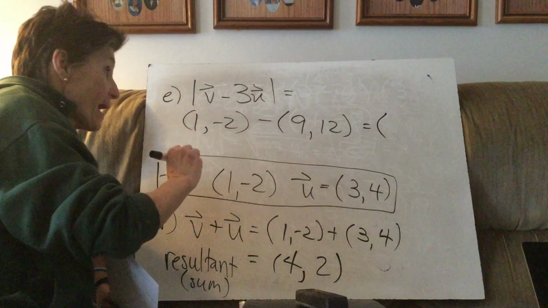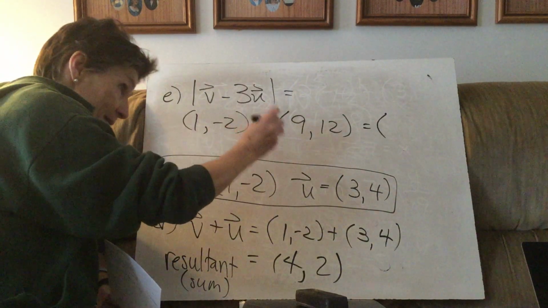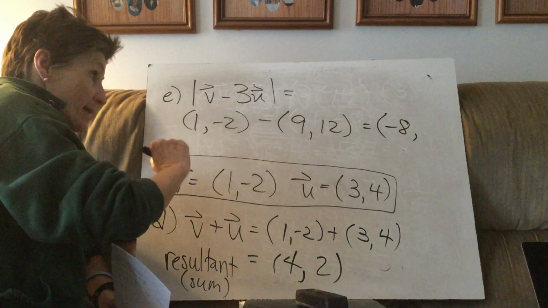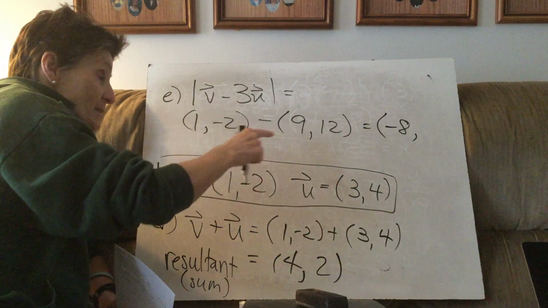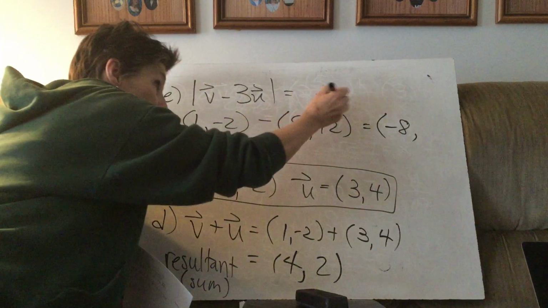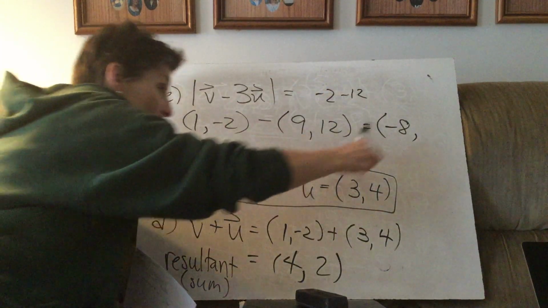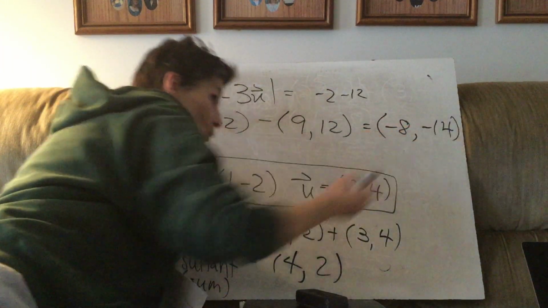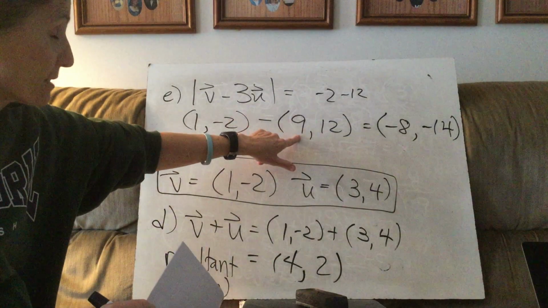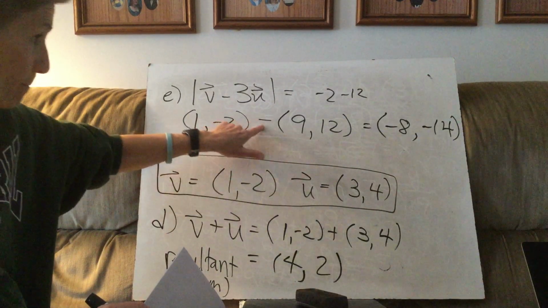So when we subtract, we do x minus x, and then y minus y, which is going to be negative 2 minus 12, which is negative 14. So x minus x and y minus y.